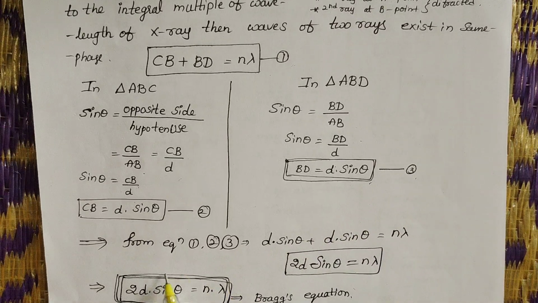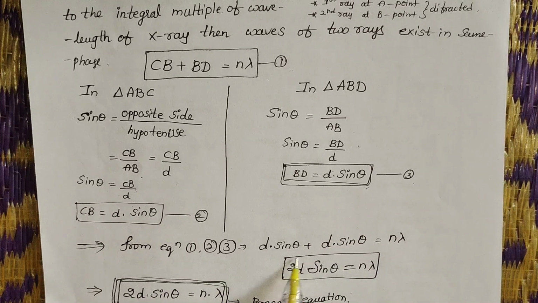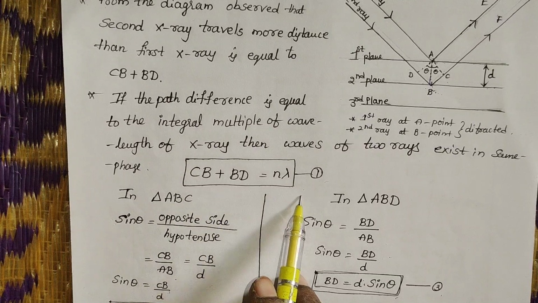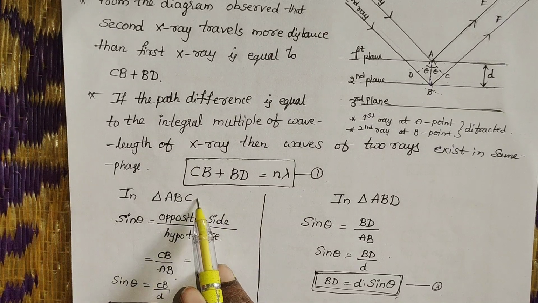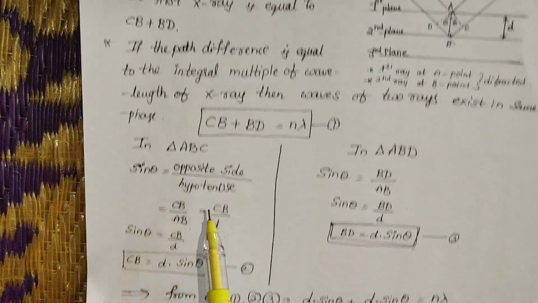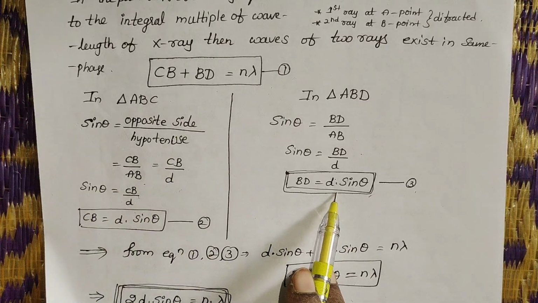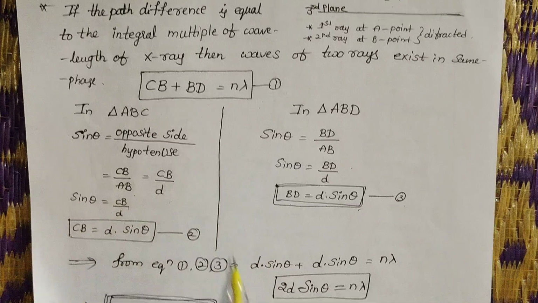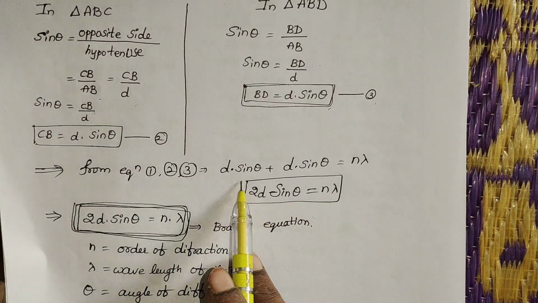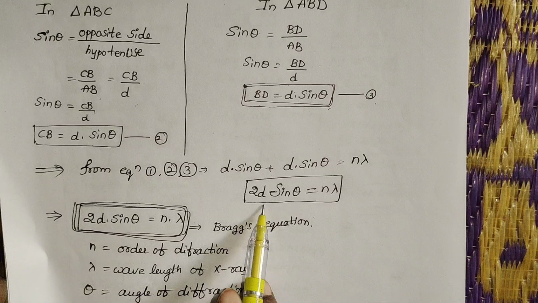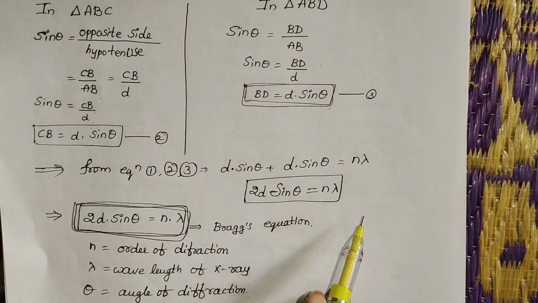From equations 1, 2 and 3, d sin theta plus d sin theta equals n lambda, because CB plus BD equals n lambda. In place of CB and BD we write d sin theta. So 2d sin theta equals n lambda.